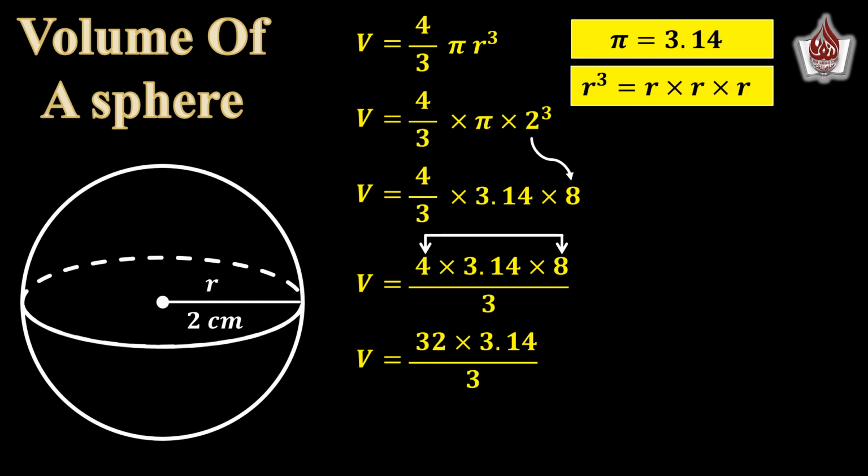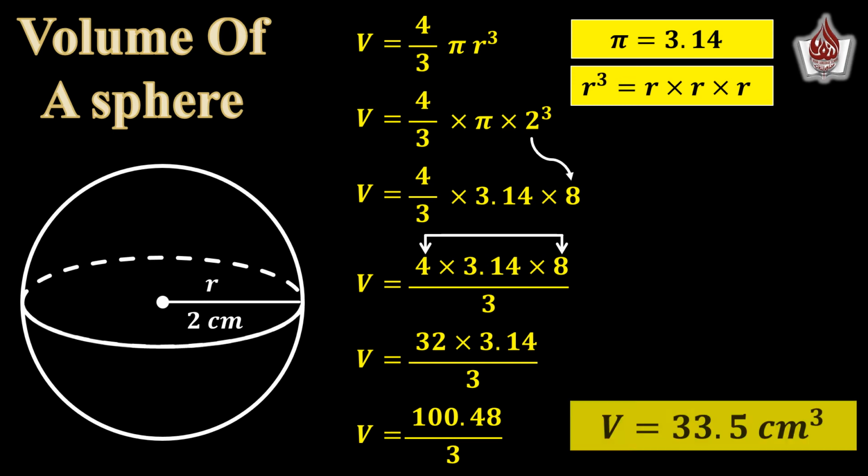In a simple form, volume equals 32 times 3.14, which is equal to 100.48 over 3. So we can simplify further. Volume equals approximately 33.5 centimeters cubed.